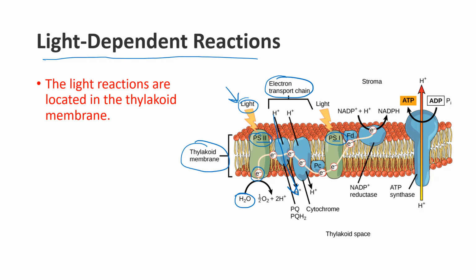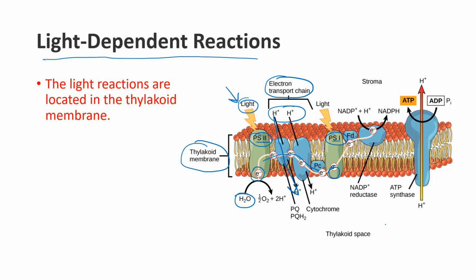And so these electrons, as they move through the electron transport chain here, fall back down to a low energy state, because that energy is used to pump, right, to pump these protons, and that produces energy in the form of a high proton gradient on one side of the thylakoid membrane.